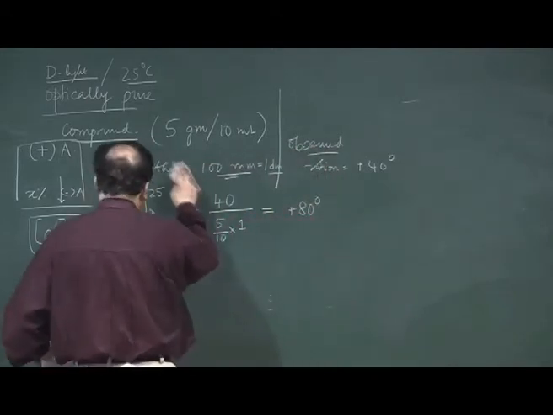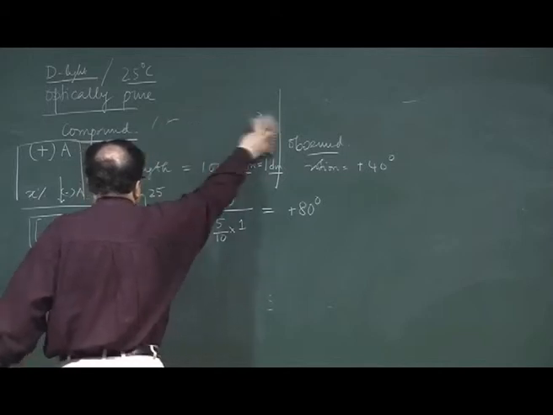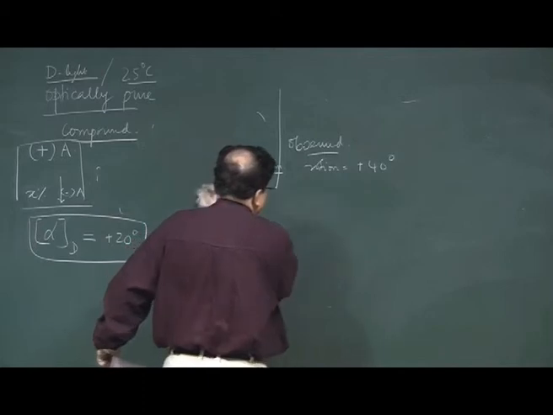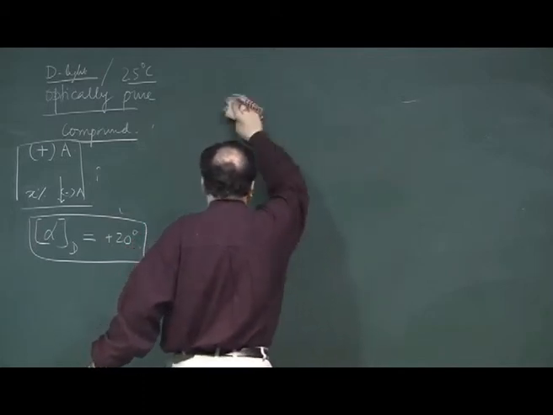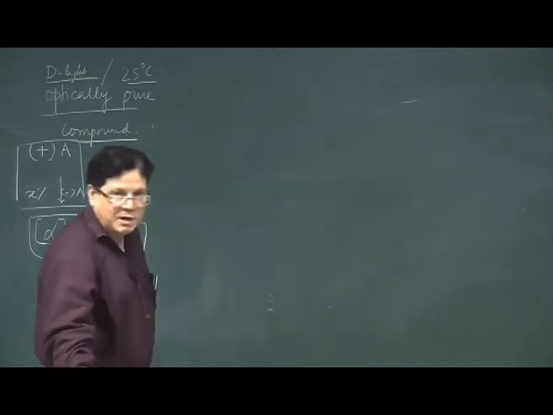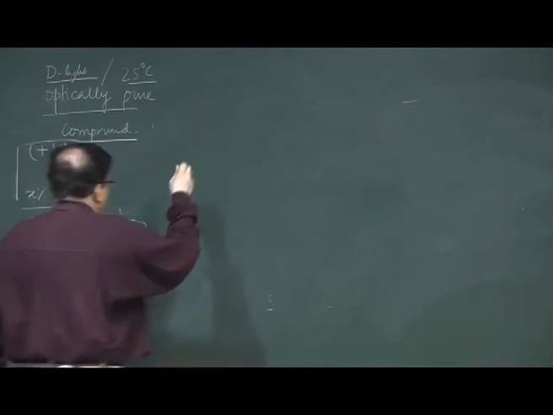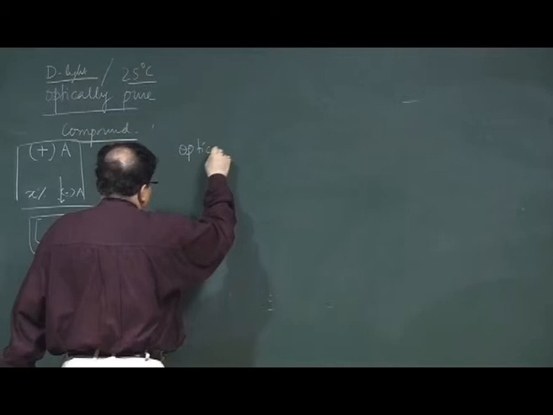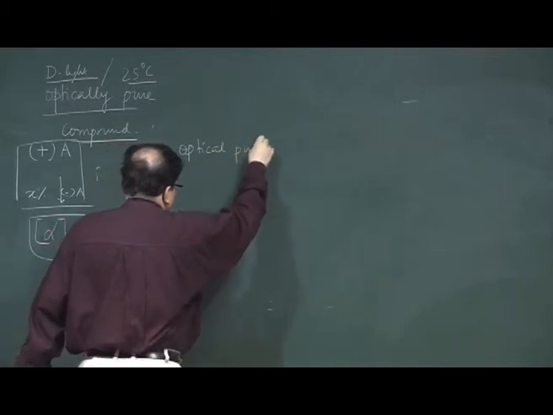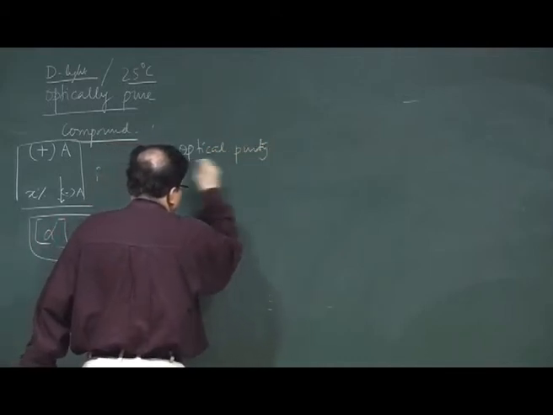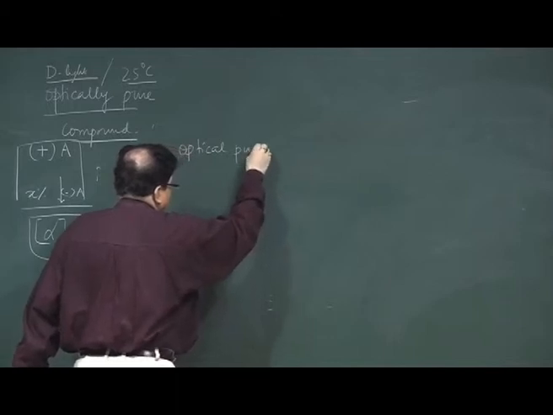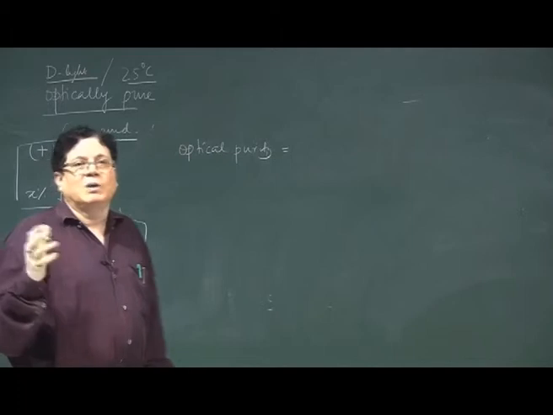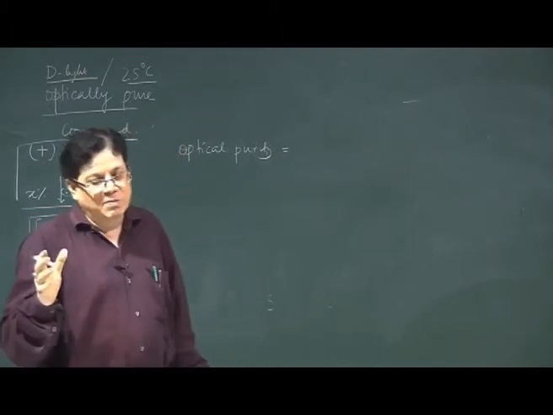So, we erase this because that is already done. Remember, the actual alpha D is plus 80 degree when it is optically pure, so no minus A was mixed. Optical purity is a new term. From the optical purity you can calculate how much plus A is there, how much minus A is there.